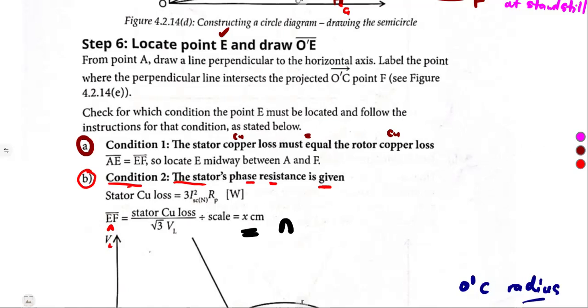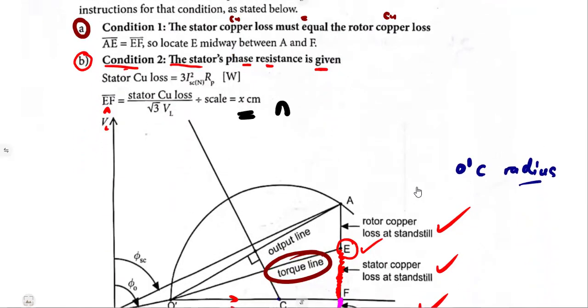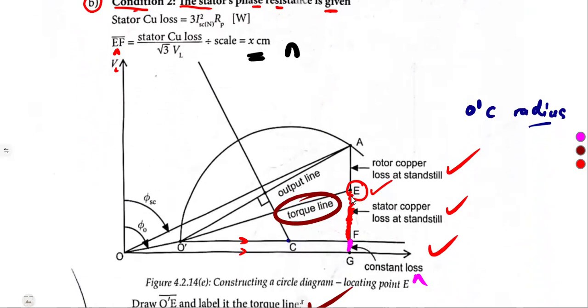From the stator copper loss, we can determine the distance EF. Remember, from E to F, that is the part of what? Stator copper loss at what? At standstill. So the distance EF will be the stator copper loss.